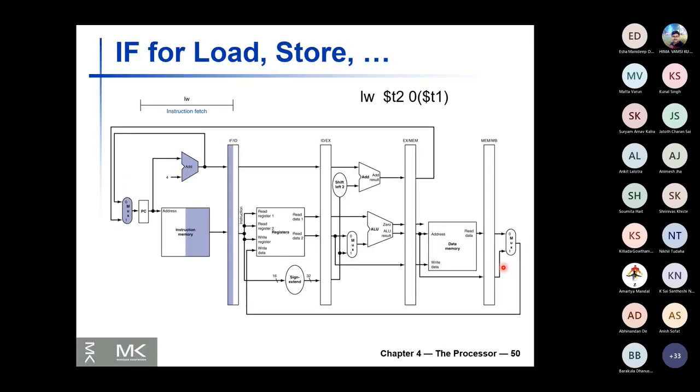Okay, so let me give you a complete example now, of whatever we have discussed so far. This is my pipeline implementation. As you can see, there are stages, with pipeline registers between two consecutive stages. I am going to process this load instruction, load T2, 0(T1).